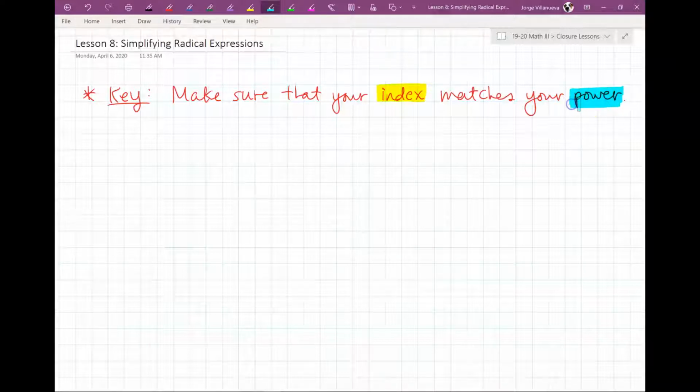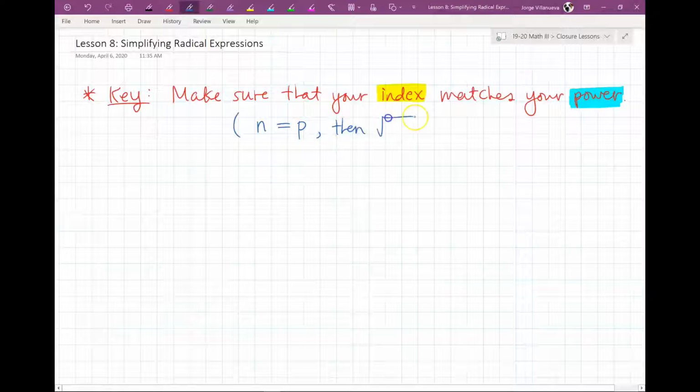Okay, so index must match your power. That's the letter P. In other words, N must equal P. If N equals P, then the radical disappears. Remember, we talked about that before. So that's one of our keys here to try to get that to happen.